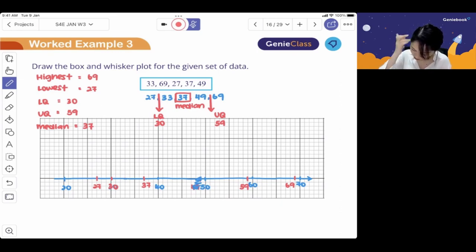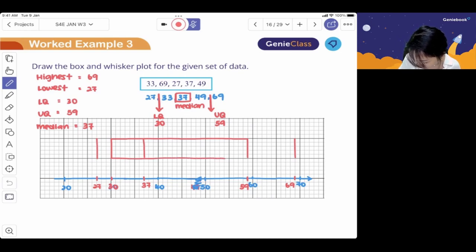Yes, so now we can really draw a line. Lowest value, lower quartile, median, upper quartile, and highest value. Then remember lower quartile to upper quartile, there is a box. So I join my lines.